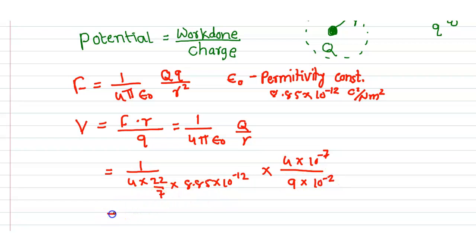If we solve these quantities, we get 9 into 10 to the power 9, into 4 into 10 to the power minus 7 upon 9 into 10 to the power minus 2. If we simplify this, we get 4 into 10 to the power 4.